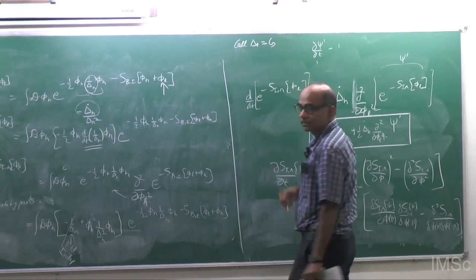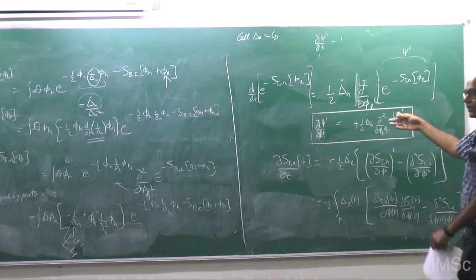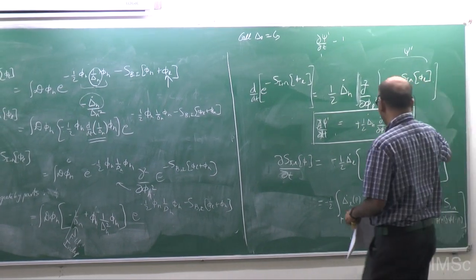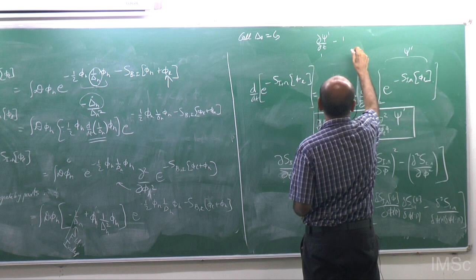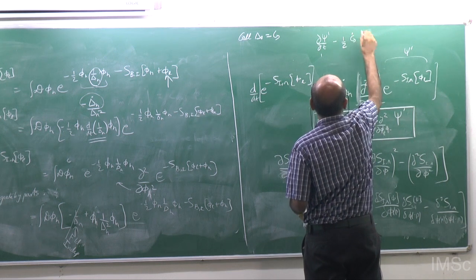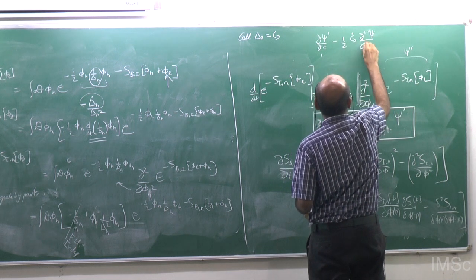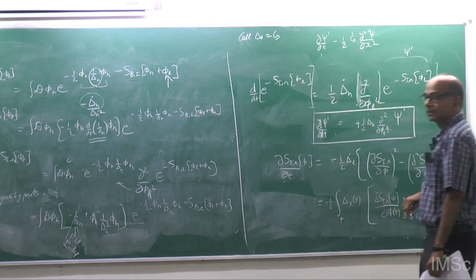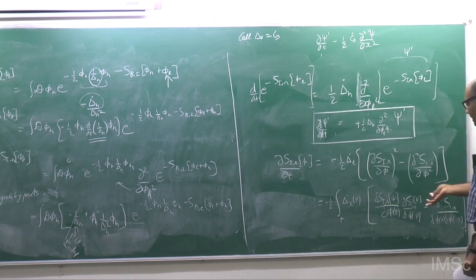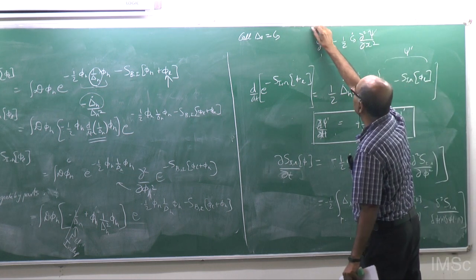I'll just call it G, since it's easier to type G than to type delta. Minus half G dot. So that's the exact RG in Polchinski's form.